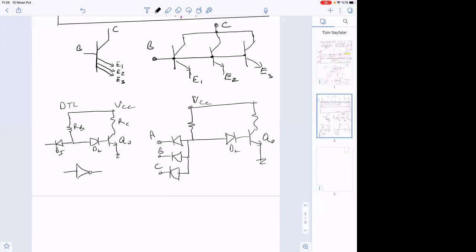So let's just do two of them, maybe. I mean, three is a little bit more than what we need right now. So if you do this, this will act like a NAND gate.